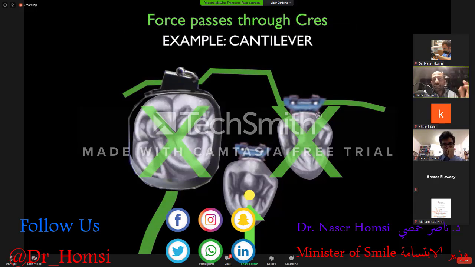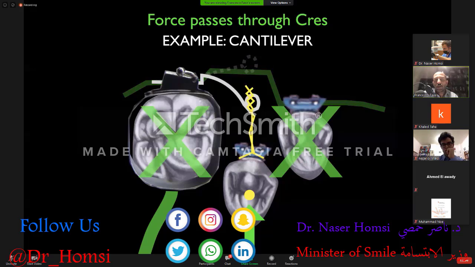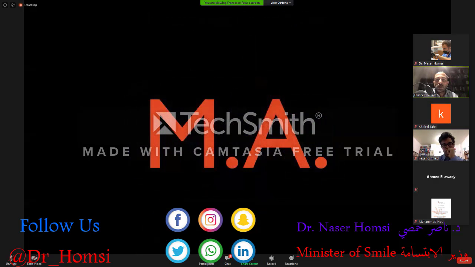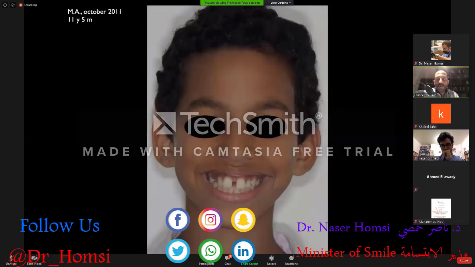One could be, for example, a cantilever, as we have seen in some clinical cases before, a piece of wire bent in order to generate, once it has been ligated to the upper second premolar, a single force pushing the premolar outward.